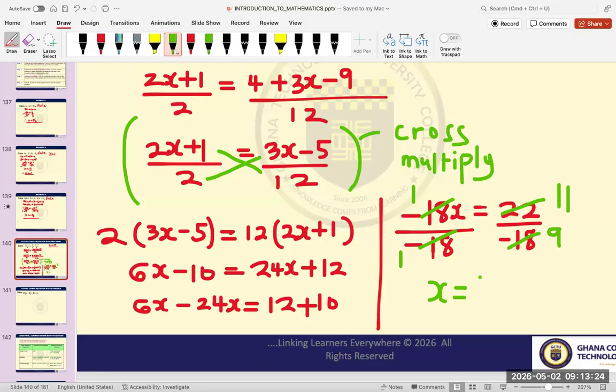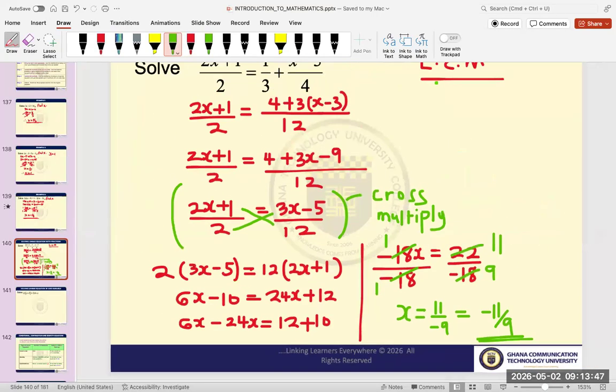So we have 11 divided by negative 9. And whenever you are doing fractions, you don't keep the negative down. You have to bring it up. So therefore, our final answer will become negative 11 divided by 9. Our final answer.